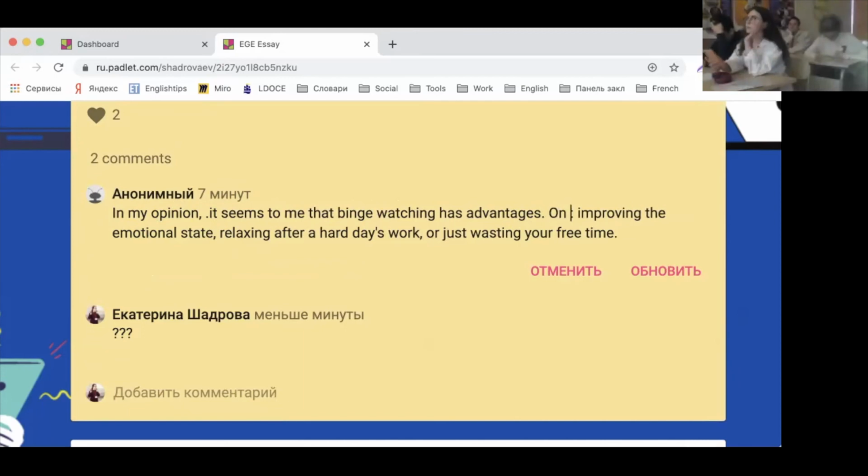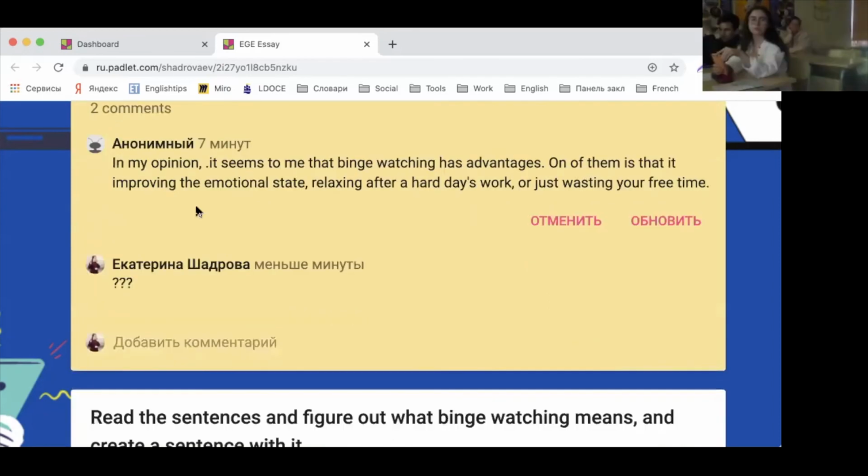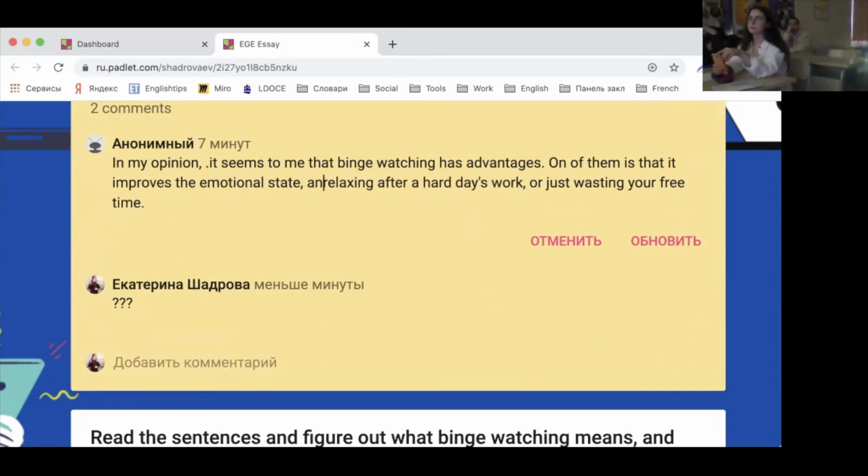For example, one of them is that it improves the emotional state and helps you to relax after a hard-working day, or just waste your time.